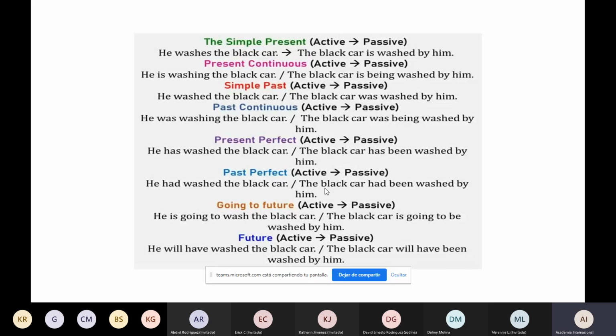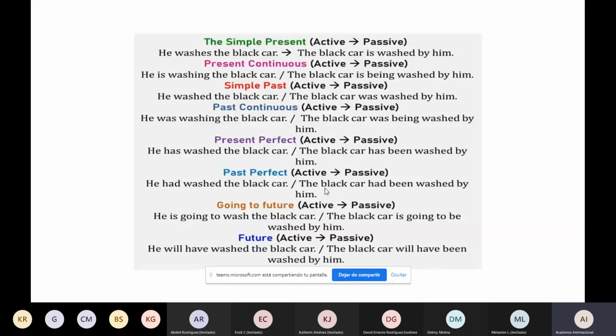Entonces el carro negro es lavado y acá ya mencionamos el agente, pero ya no como he, sino como him, por él. Si soy un poco más específica y digo, Mario washes the black car. The black car is washed by Mario. Si queremos ser más específicos.